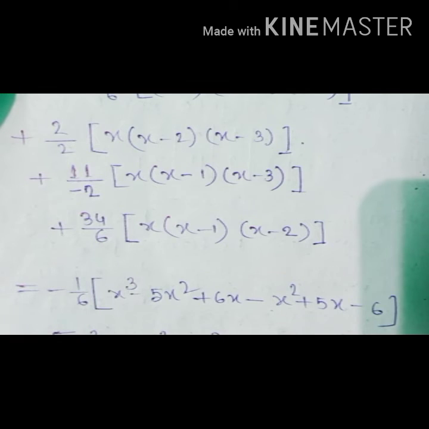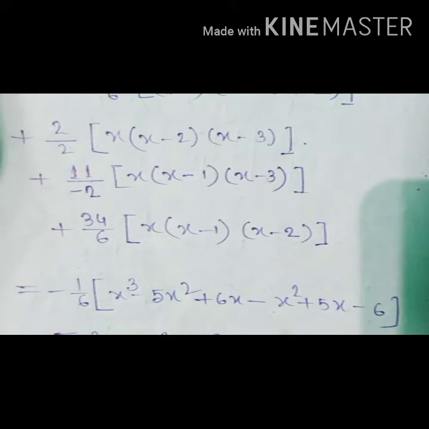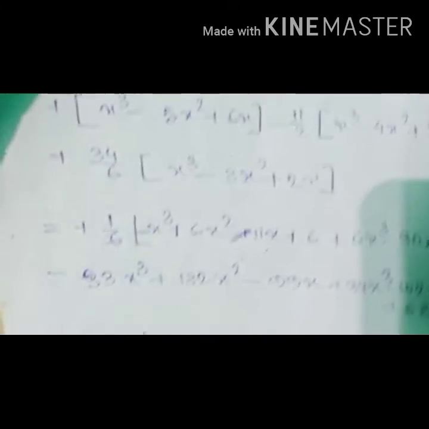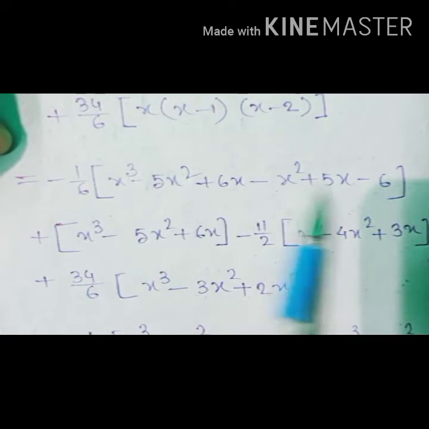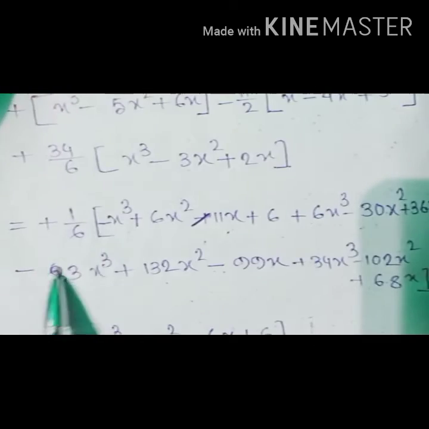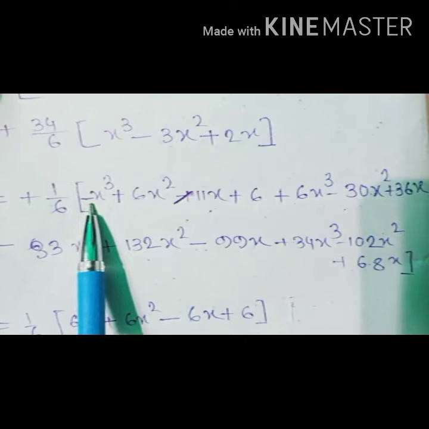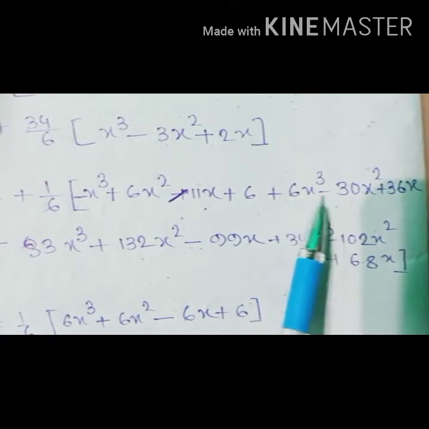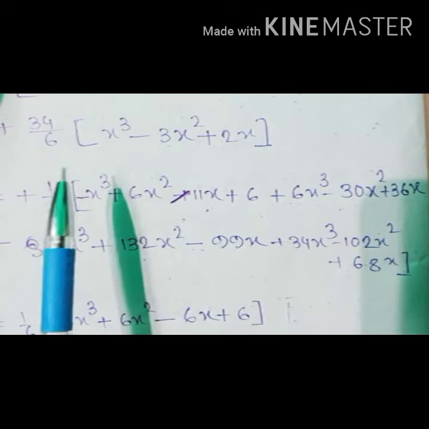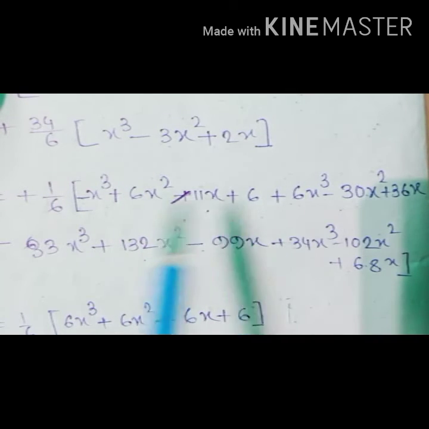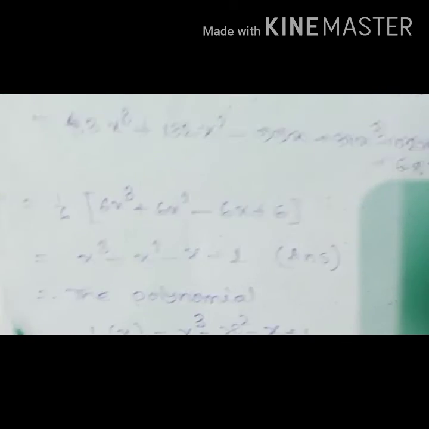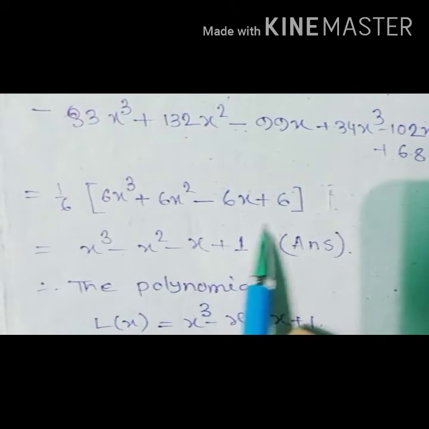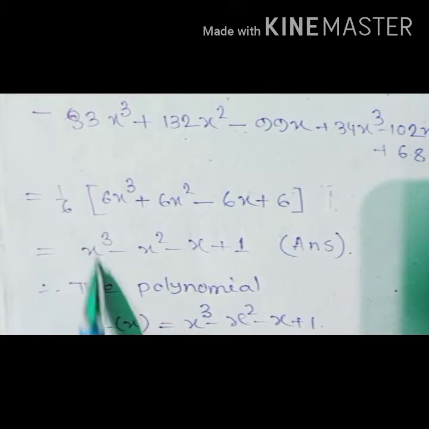When you calculate the whole you will get this, and finally after all the calculation, here how many x cube? 1, and minus x cube plus 6x cube. Just gather together all the x cube or similar terms, x square, x cube, and on simplifying you will get this.